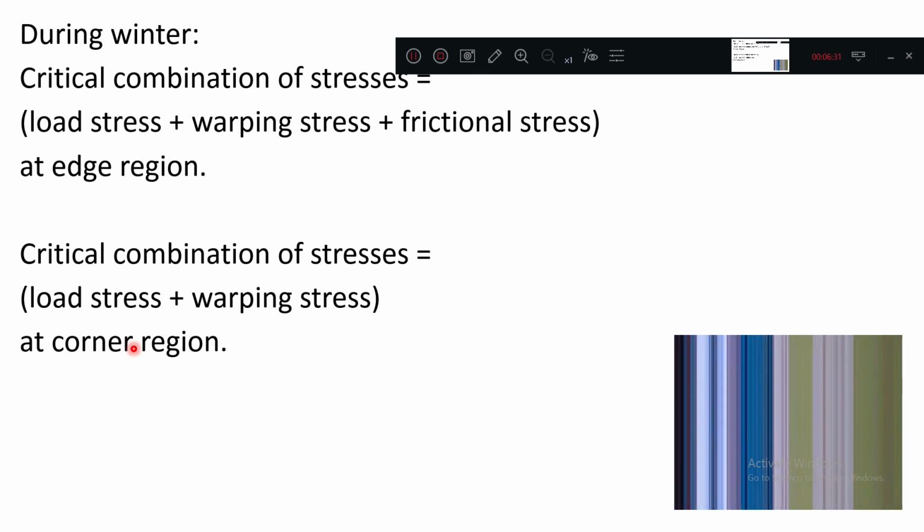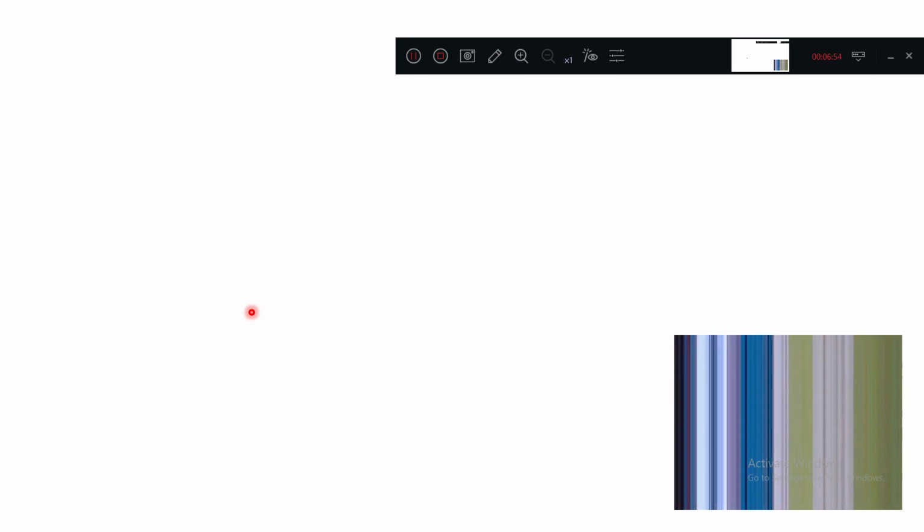In the exam, they are going to ask to calculate critical combination of stress at edge region during winter, means you need to use this formula. If they ask at corner region in winter, you should use this formula. Similarly, we'll see it in the next class.